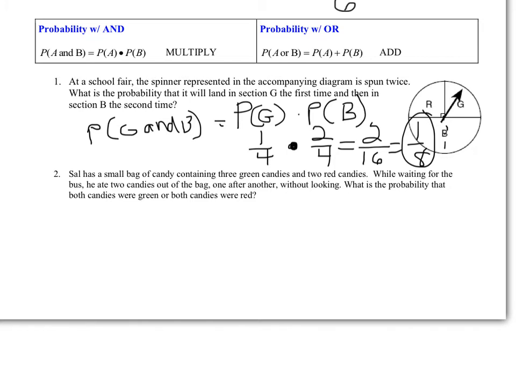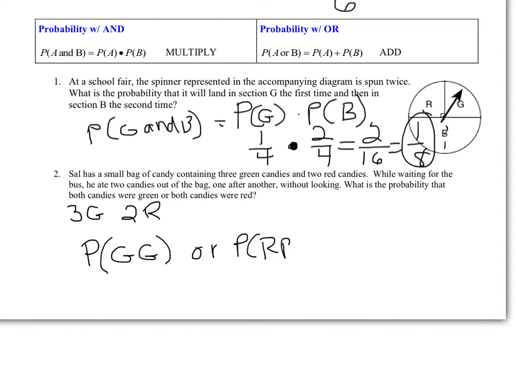This bag contains 3 green and 2 red. And the question is asking us to find the probability of green, green, or the probability of red, red.